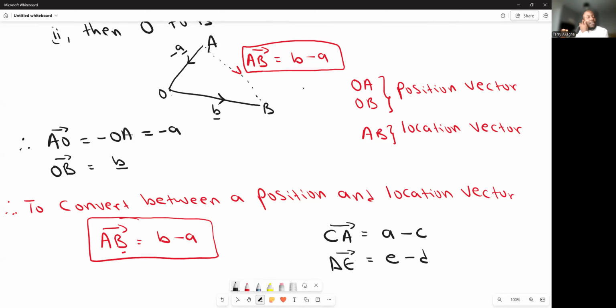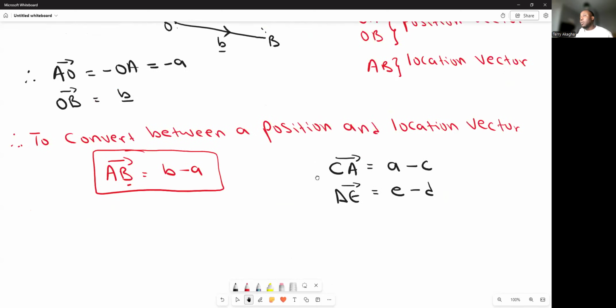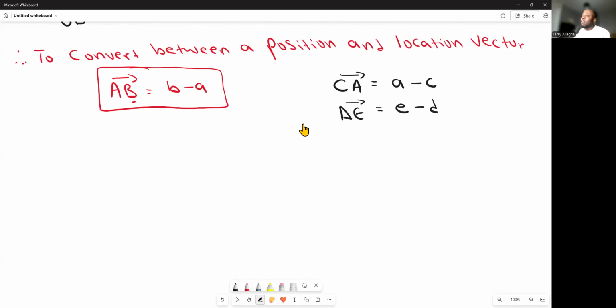So regardless how you do it, it's going to be the second one minus the first. This is a very important formula for you to know. So even if I give you, let's say KH, and I say find the location vector for that, it's going to be H minus K. All right.